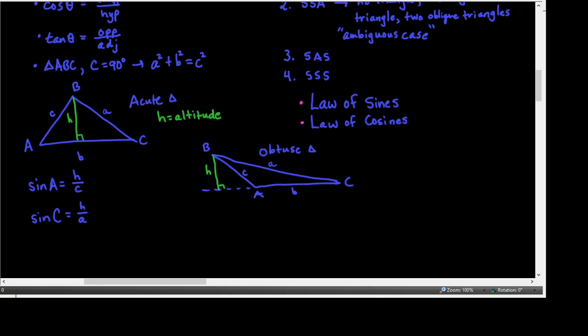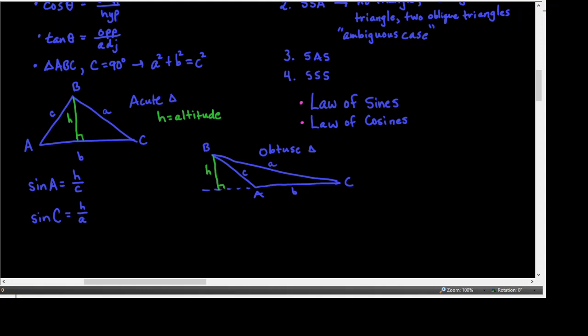The right triangle there is a big triangle that goes from B to C to the base of the altitude. That's a great big triangle. And for C, H is opposite and A is its hypotenuse.